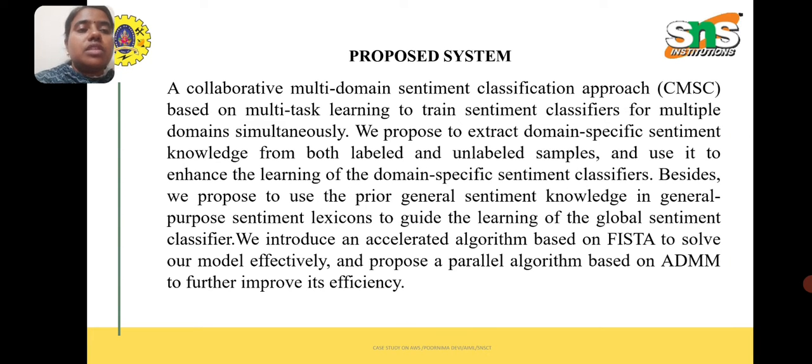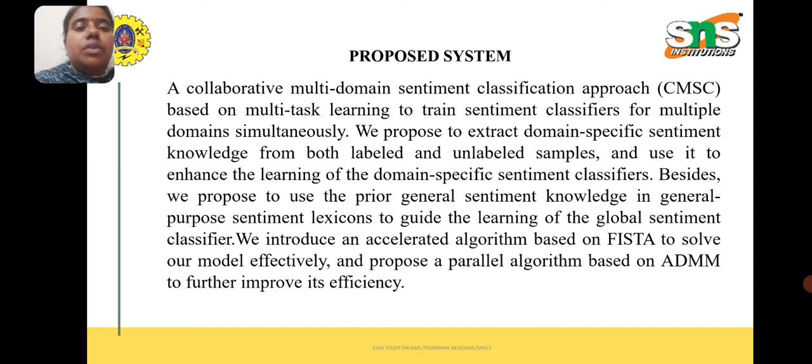So, proposed system. Nowadays, a collaborative multi-domain sentiment classification approach (CMSV) based on multitask learning is used to train sentiment classifiers for multiple domains simultaneously. We propose to extract domain-specific sentiment knowledge from both labeled and unlabeled samples. We use it to enhance the learning of the domain-specific sentiment classifiers.